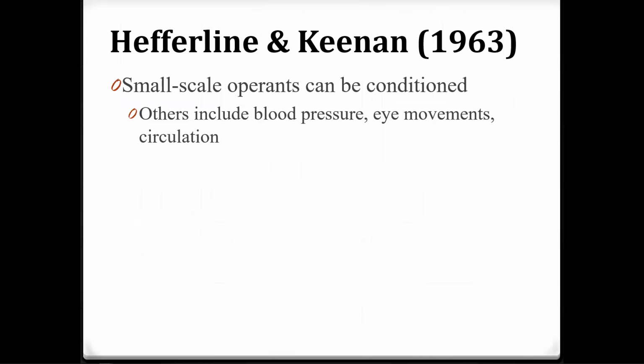And essentially what they found is that you can get substantial increases in those little minor thumb twitches if you're reinforcing them, even though the participants could not understand how they were getting the reinforcement or how they were getting their 5-cent increments.